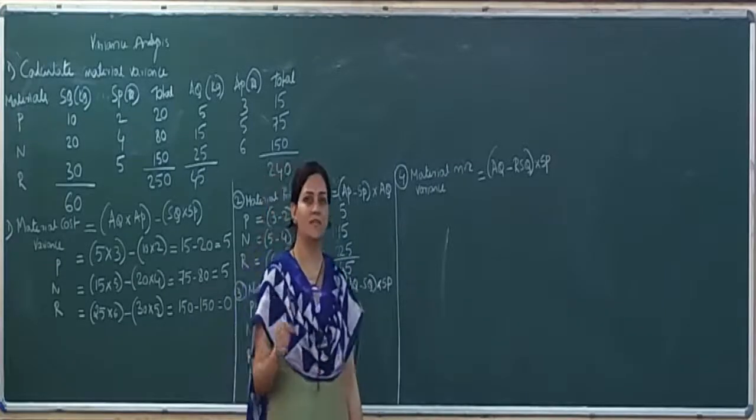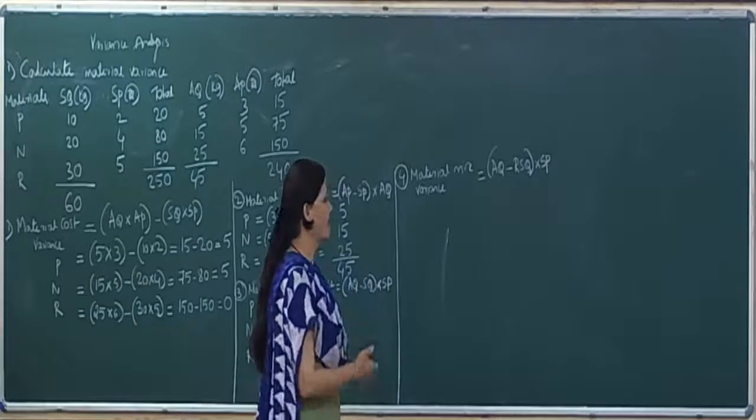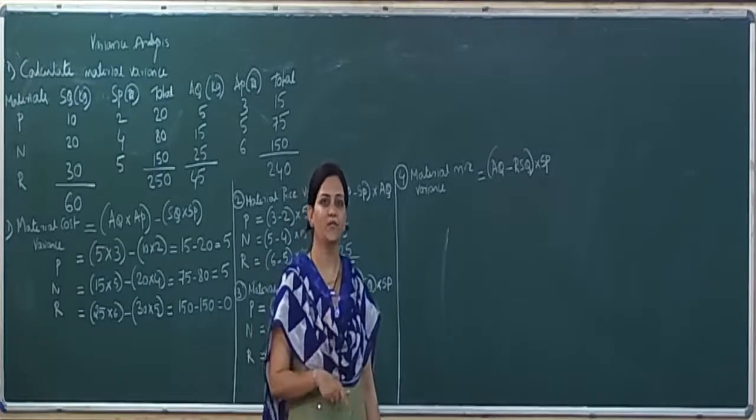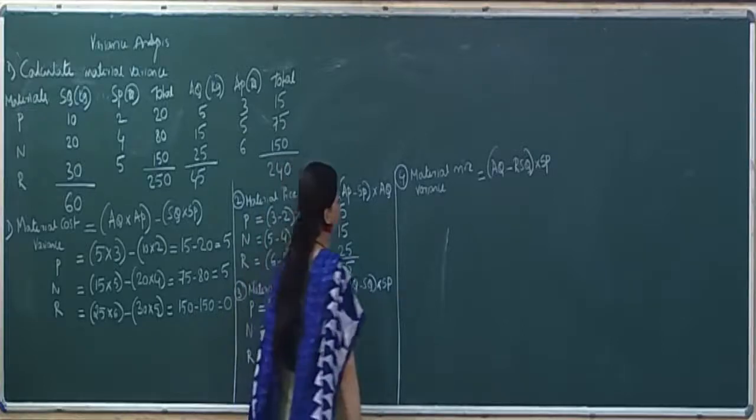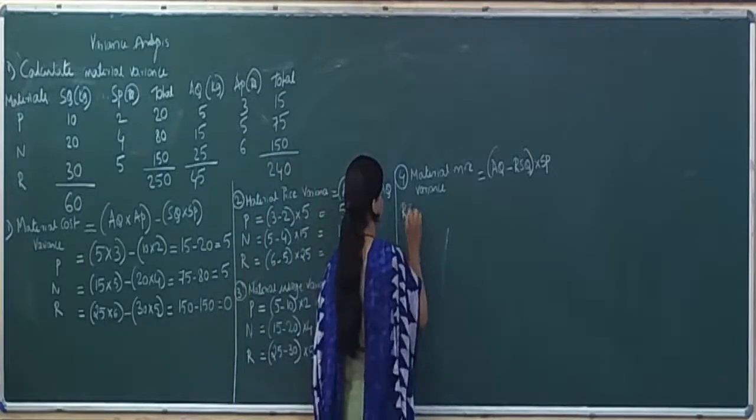So here we have the formula as actual quantity minus revised standard quantity into standard price. First we need to find out what the revised standard quantity is, and for that we need to apply this formula.